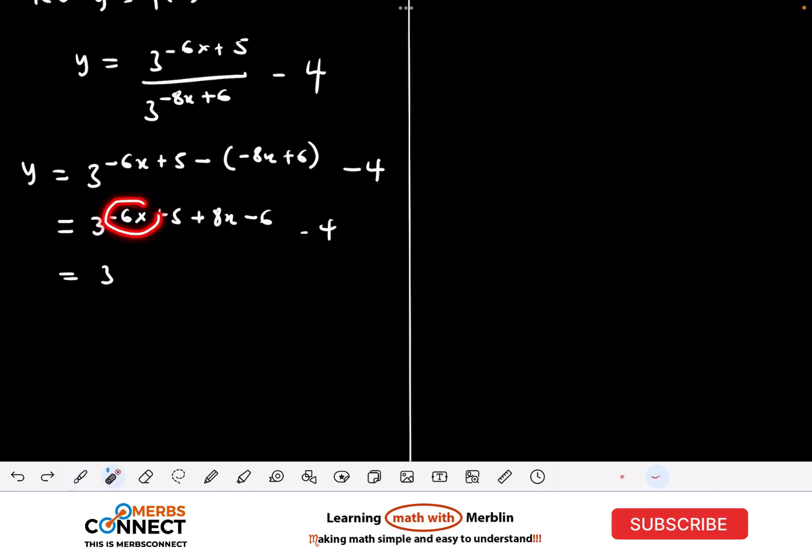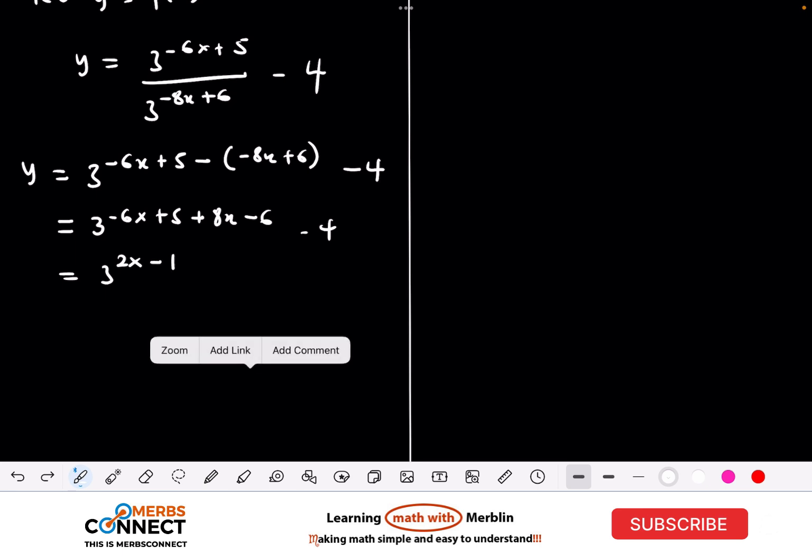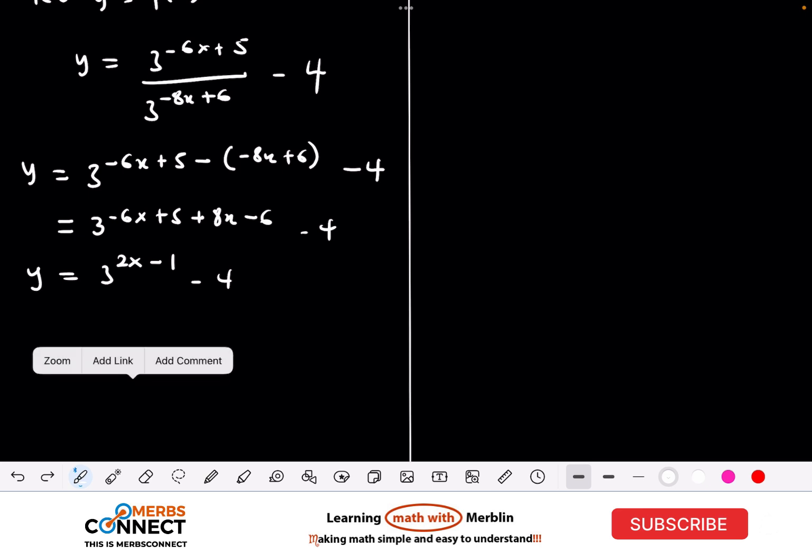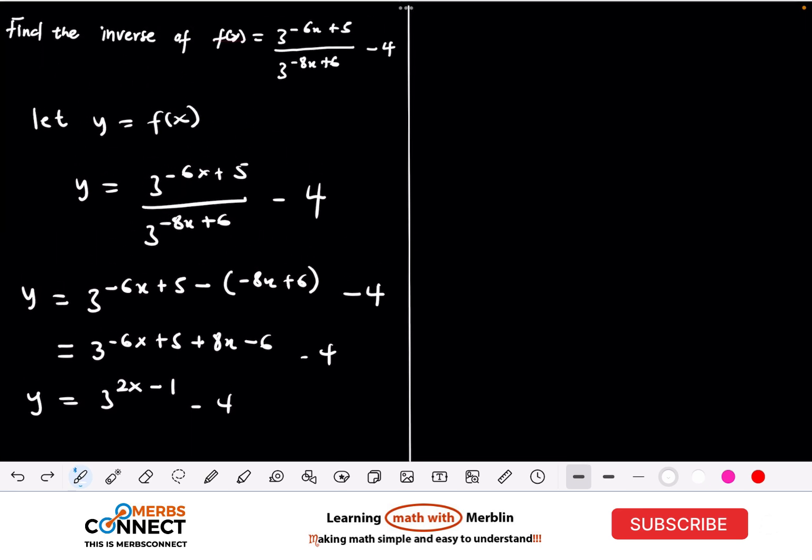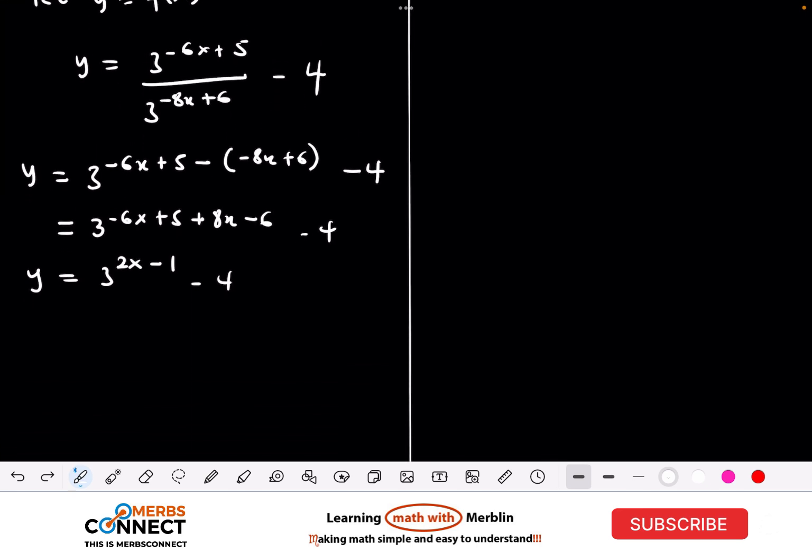I have negative 6x and positive 8x, so that one will give me 2x. Then 5 minus 6 is negative 1, minus 4. You see that now the function is so simple. We were able to simplify the function, and we are getting a simple function that we can deal with.